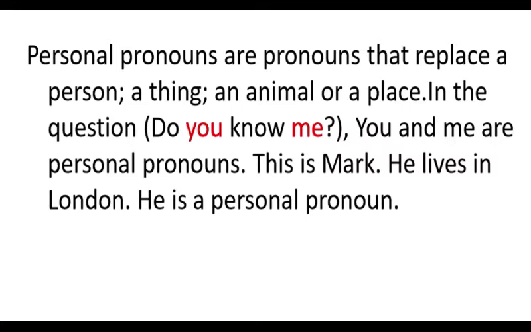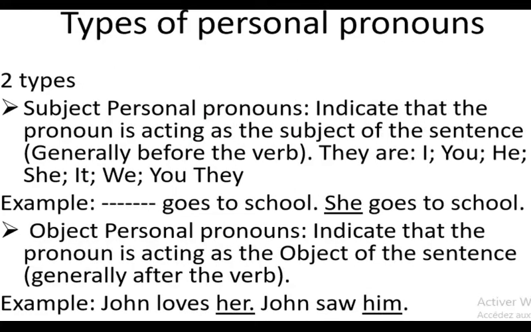Here's another sentence. This is Mark. He lives in London. Here, he is a personal pronoun. We have two types of personal pronouns: subject personal pronouns and object personal pronouns.